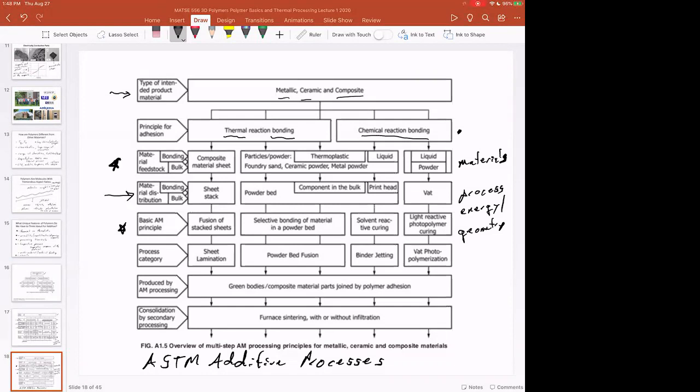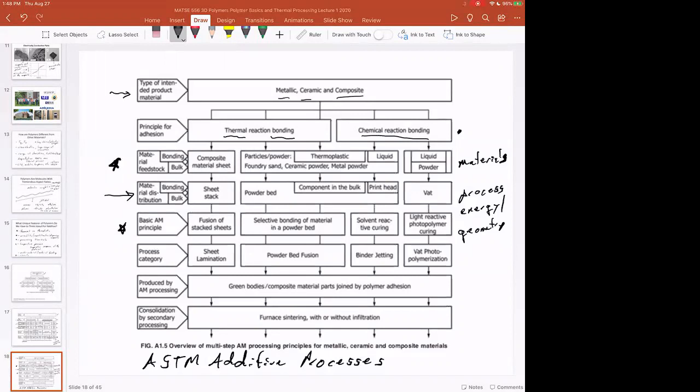Or you can't do powder bed fusion of a liquid resin because it's not a powder. Or just because you can make a polymer powder doesn't necessarily mean you can do powder bed fusion, because the physics of powder bed fusion, your polymer needs to have certain characteristics to be amenable to that process. So this sort of helps you decide what's possible and how you match up materials and processes.